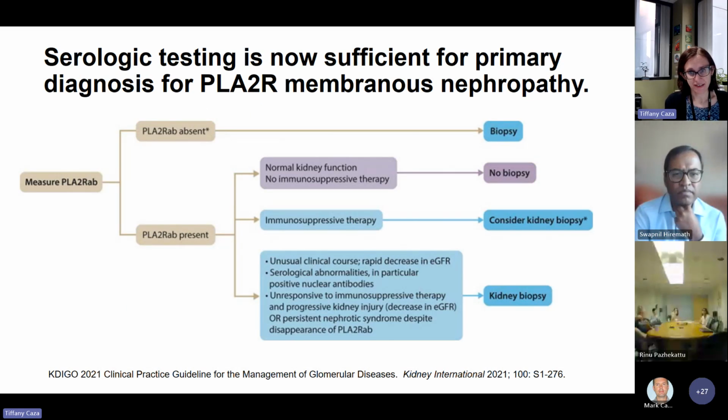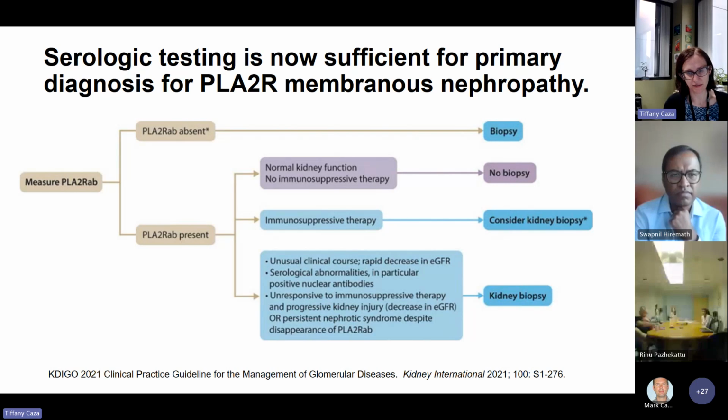And this testing has such high sensitivity and specificity that it can be used for primary diagnosis for PLA2R positive membranous. So if you have PLA2R positivity, and that should be by both ELISA and indirect immunofluorescence assay to prevent false positives, I'd recommend doing both tests at the same time.